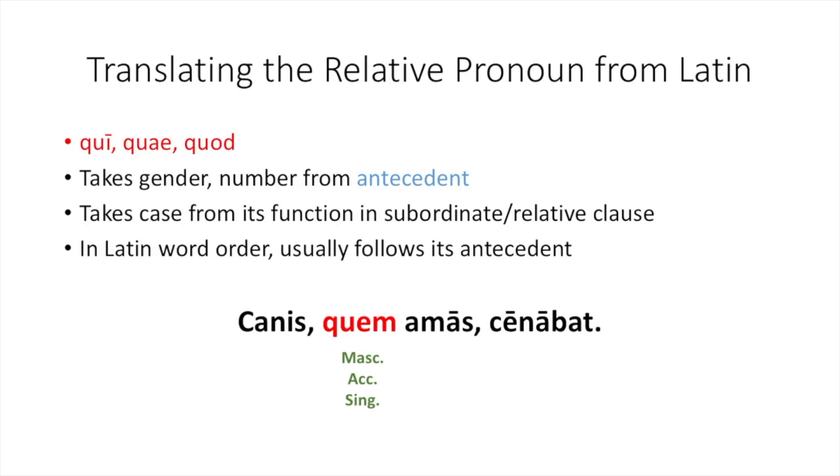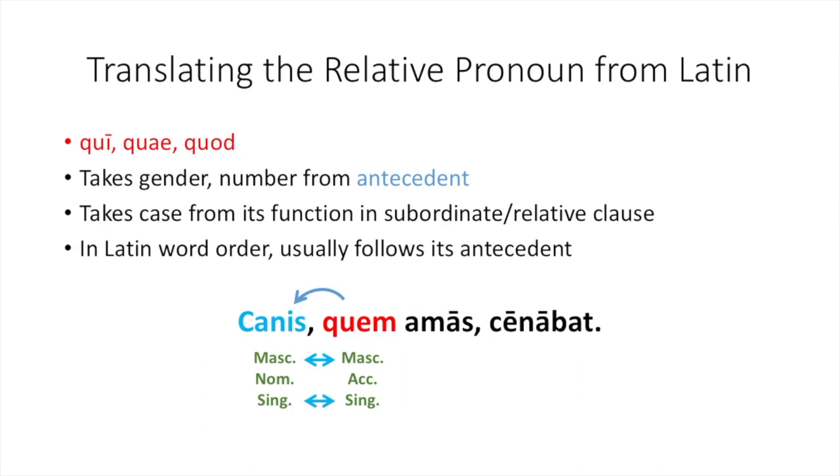To figure out its antecedent, we should find all our other nouns, especially ones that are masculine and singular. Conveniently, there is only one other noun in our sentence, canis. It is also masculine and singular, so it is our antecedent of quem.